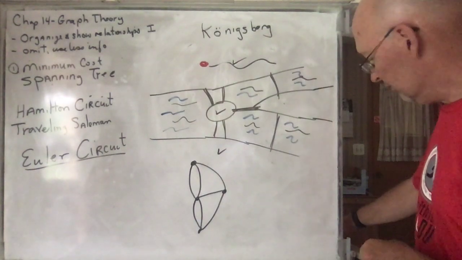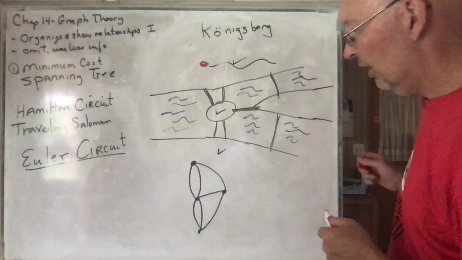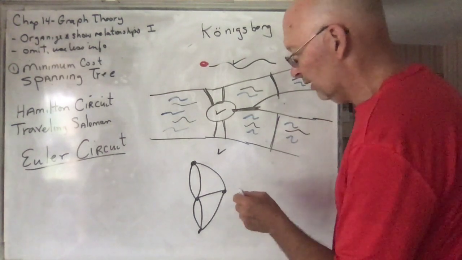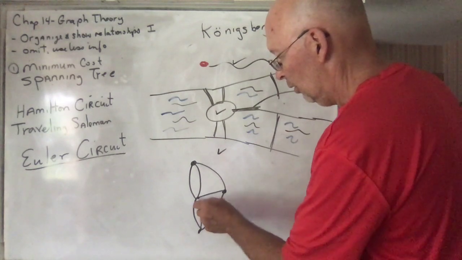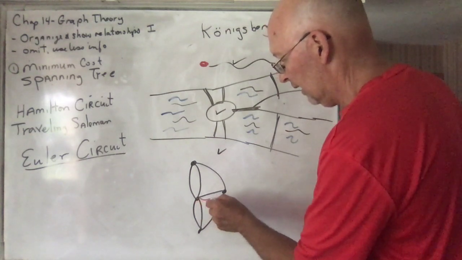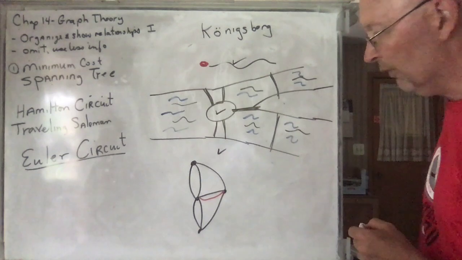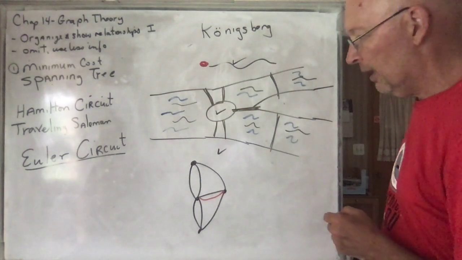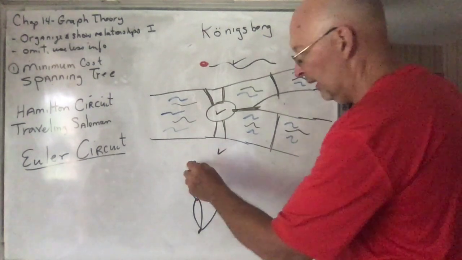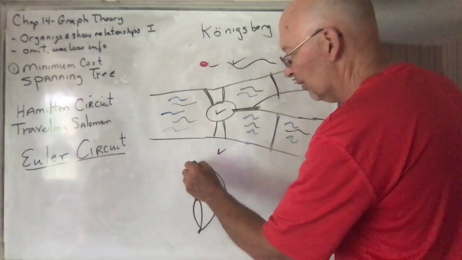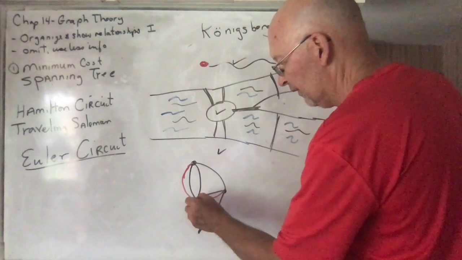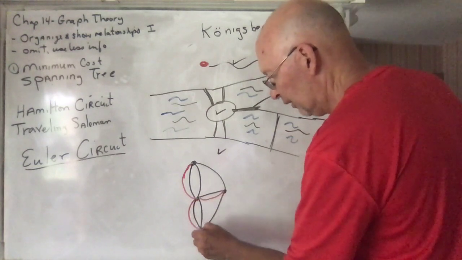Okay, so we're going to have to cross some bridges twice. What would be the easiest way to do it? 1, 2, 3, 4, 5, if I add one right there, that takes care of those two. And then I can't make an edge to go from here to here because there's no bridge that goes from there to there. So I'm going to have to add a bridge from there to there, and then another one from there to there.